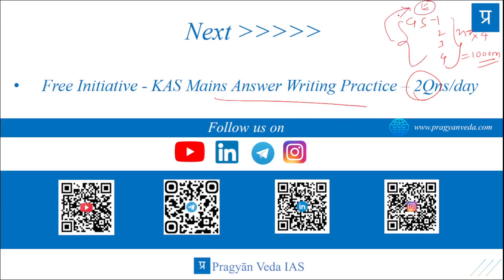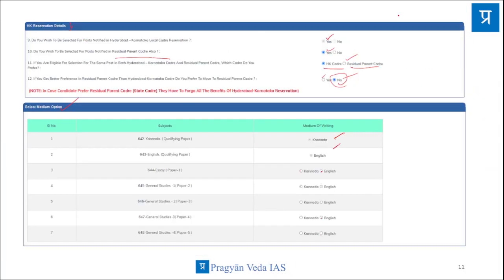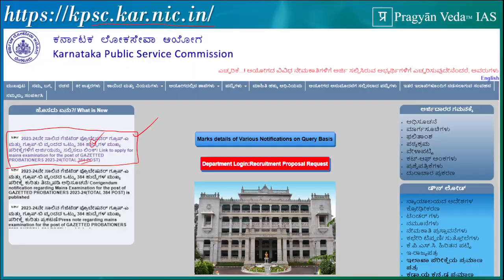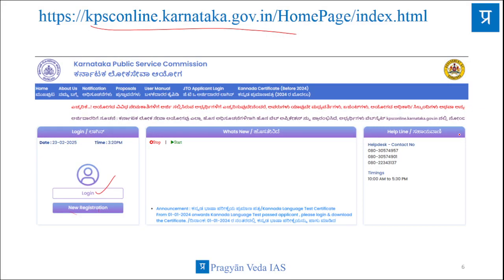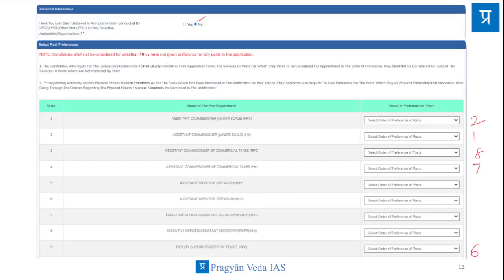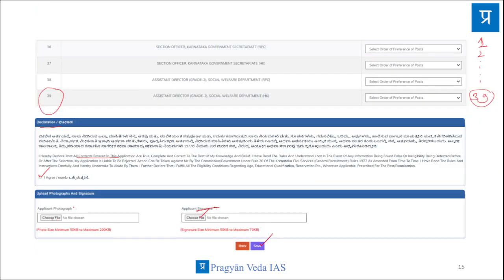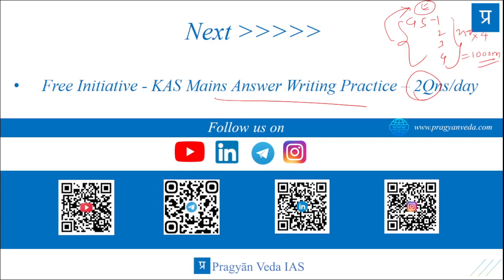So if you go here, 250 marks into 4, and 250 for the essay. So general studies carries the biggest weightage in this exam, so make sure that you prepare well and come out with flying colors, and fulfill your dreams.